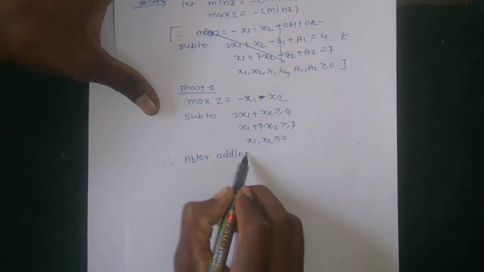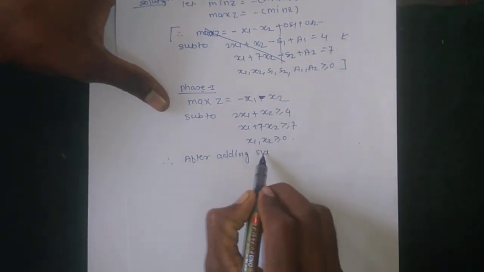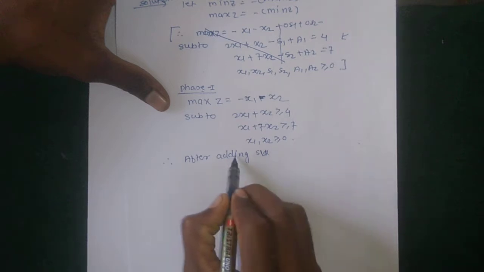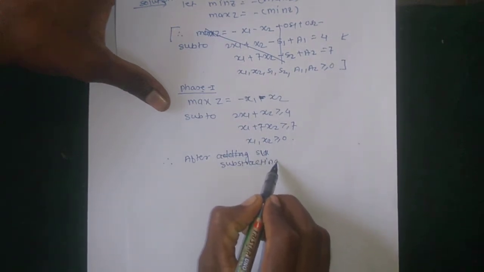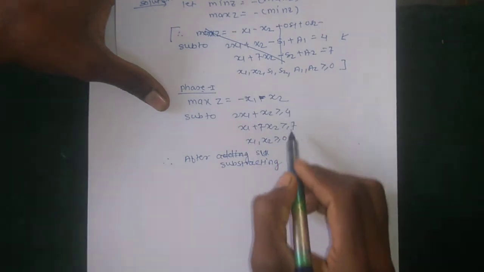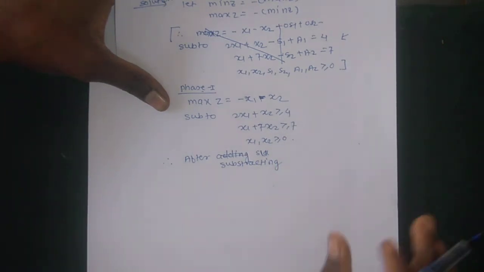After subtracting, here not any constraint is less equal type, so both constraints are greater equal type, so subtract surplus variables.